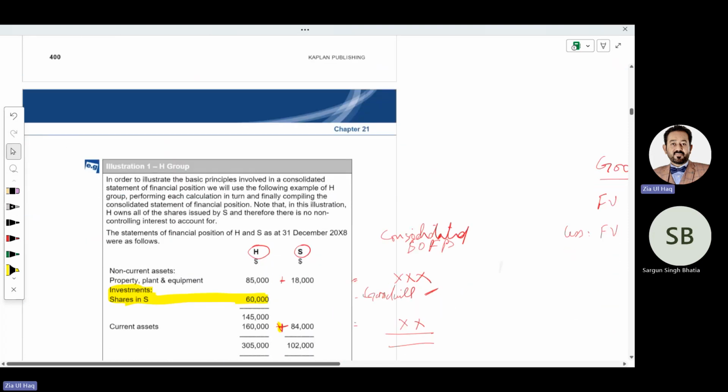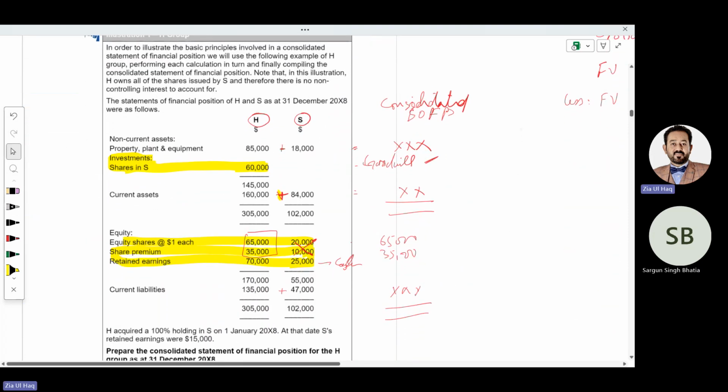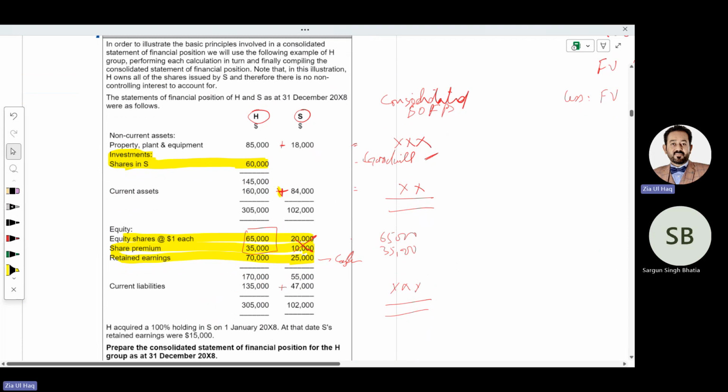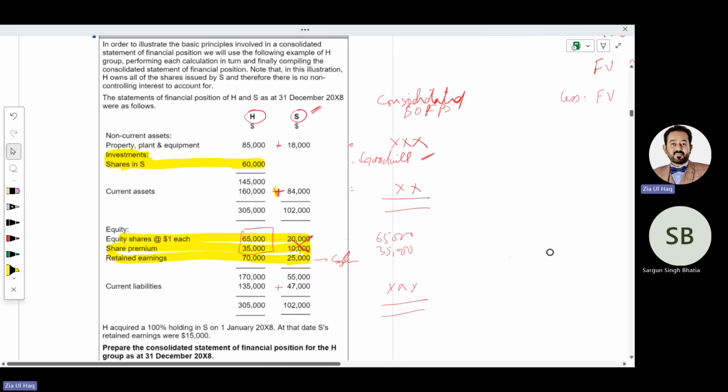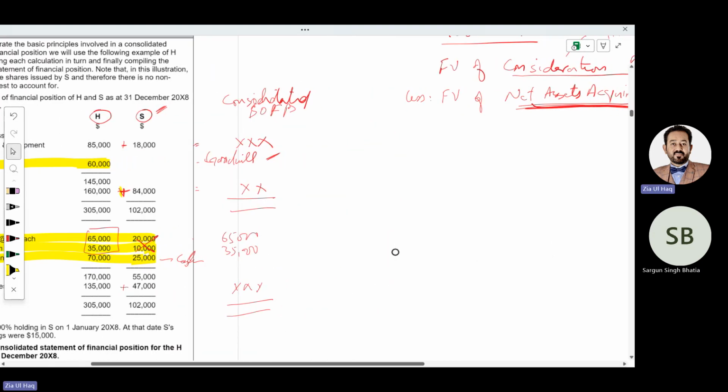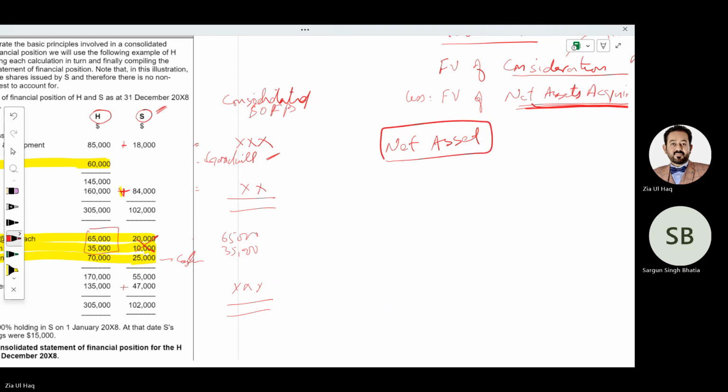Suppose in this question, if we see, we bought subsidiary S. How to calculate net assets? So we are moving towards the calculation of net assets. We need to calculate two types of net assets.